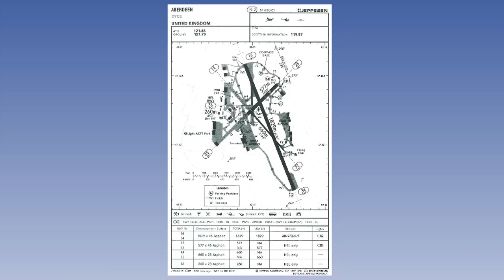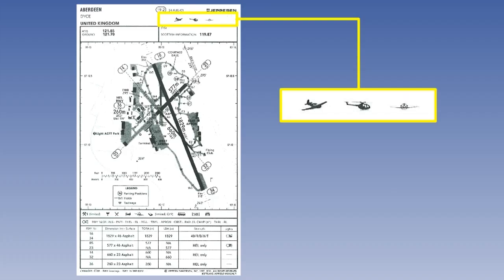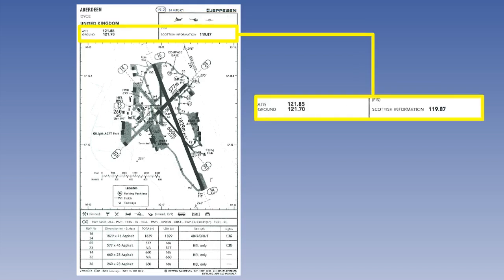Chart 19.2, which is on the reverse, is the landing chart, which shows the airfield in much greater detail. At the top of the chart is a depiction of the aircraft types that are permitted to use the aerodrome. In this case, light aircraft, helicopters, and motor gliders. Beneath that are shown the frequencies for ATIS, ground, and Scottish information.